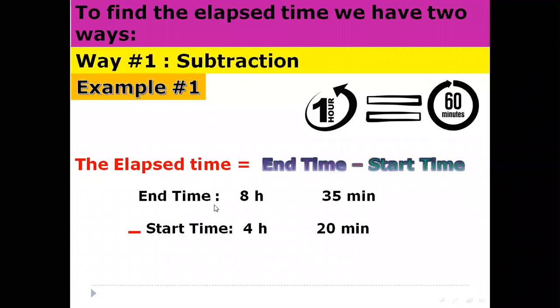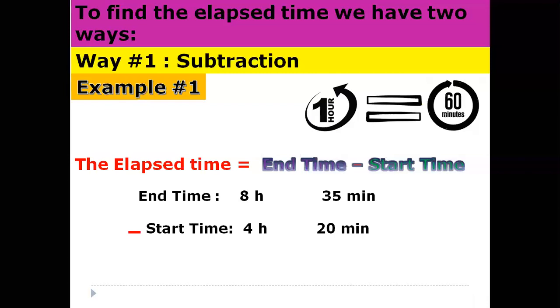If the ending time is 8 hours 35 minutes and the starting time is 4 hours 20 minutes, we need to find the elapsed time. Again, where did we get the ending and starting time? Of course, they should be given in the question. Otherwise, you can't find the elapsed time.